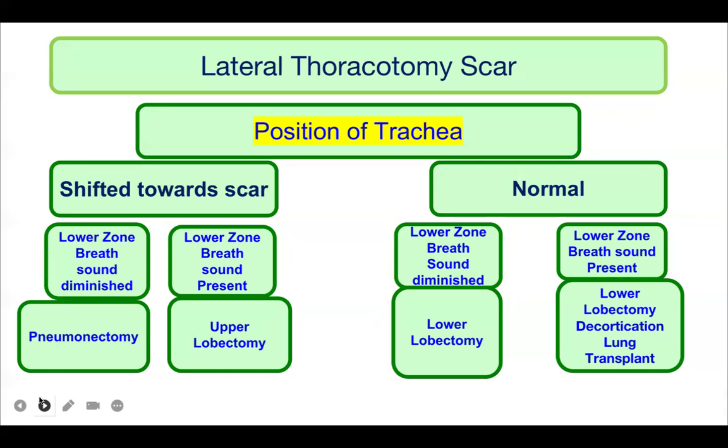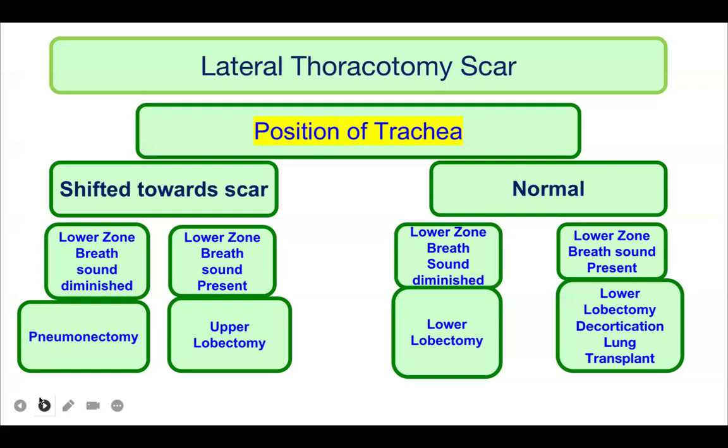I'm repeating again, if we get a lateral thoracotomy scar, we need to check two things. First, what is the position of the trachea, and second, what about the lower zone breath sound? If the trachea is shifted towards the side of the scar mark, there could be the possibility of upper lobectomy or pneumonectomy. In very, very rare cases, lower lobectomy can have tracheal shifting, but that is not one of the facts we should remember for the PACES examination.